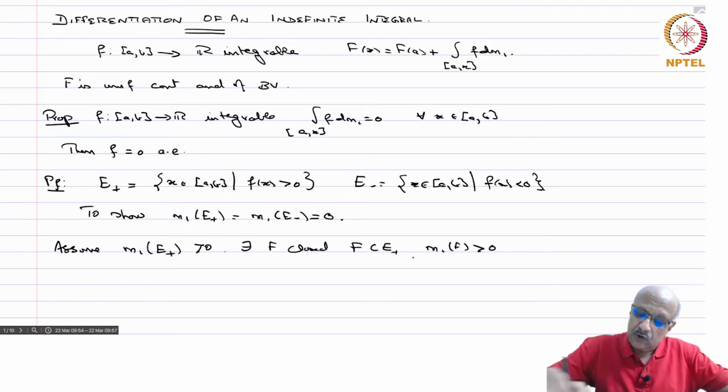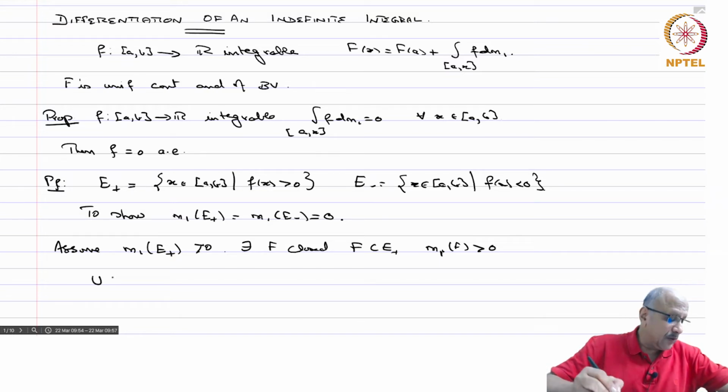In fact, you can show that its measure is as close to the measure of E plus as possible, and everything is finite measure here. In particular we are using a very weak condition here, namely m1 of F is strictly positive. Now U is equal to (a,b) minus F, which is open, of course.